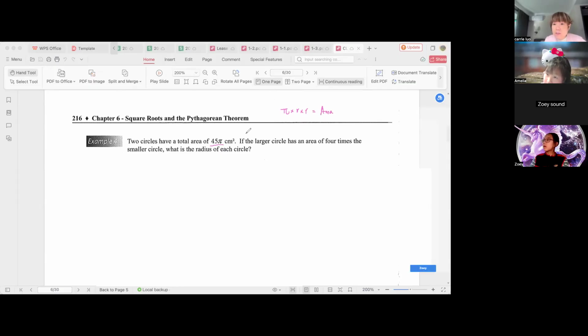Okay, if the larger circle has an area of 4 times the smaller one, what is the radius of each circle? Think about this question and I'm going to teach you later. The larger circle has an area of 4 times the smaller circle. Now, what is the radius of each circle?